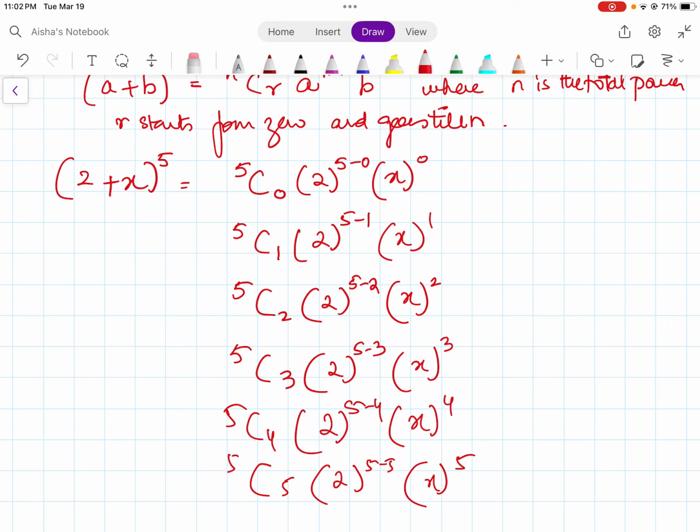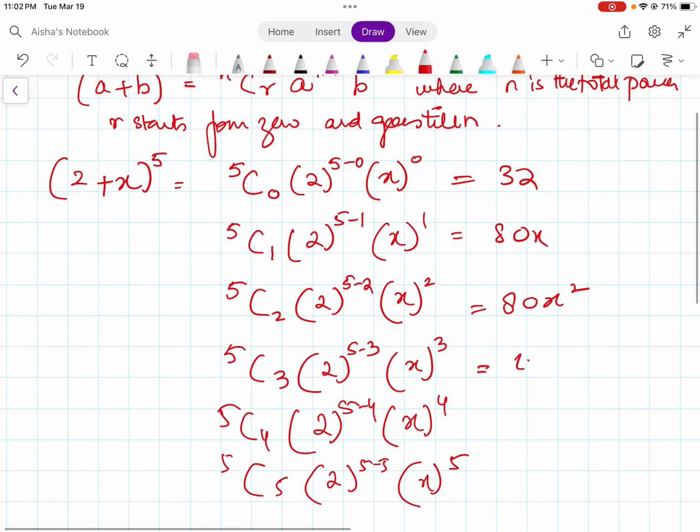Let's start calculating it. 5c0 gives 32, then 80x, 80x square, 40x cube, 5c4 into 2 gives 10x power 4, and x power 5.